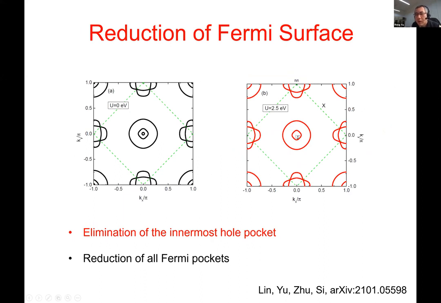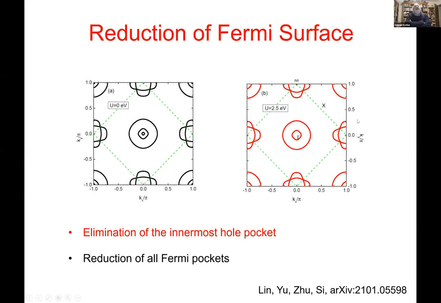This will challenge the Fermi surface nesting picture. So I do think the dxy orbital will contribute to this superconductivity. To the pairing? To the pairing, yeah. But we haven't done this calculation. We are going to do this.